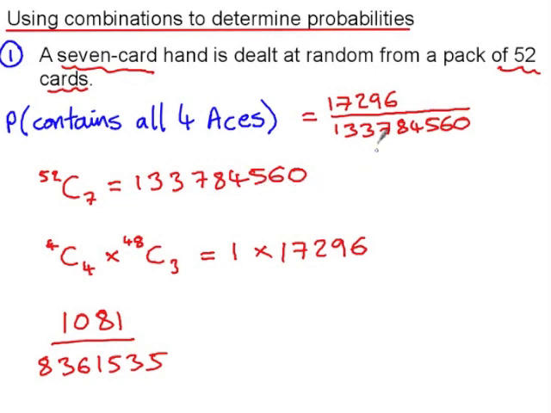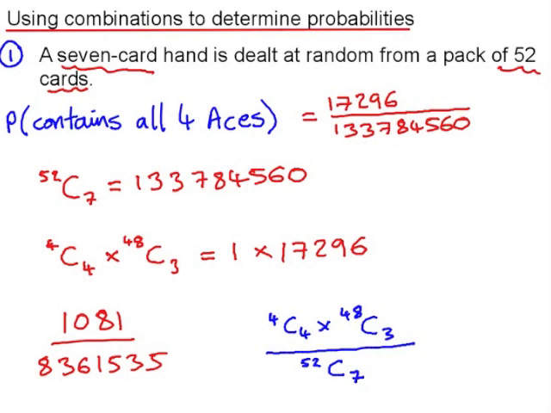If we write this calculation just using the nCr notation without simplifying, it's 4 choose 4 times 48 choose 3 over 52 choose 7.